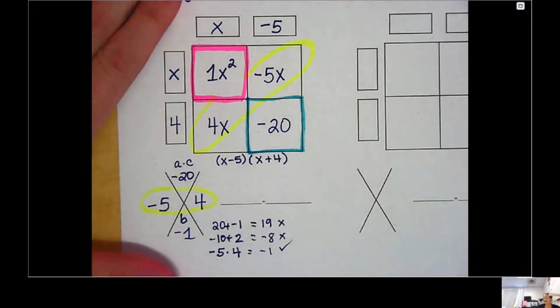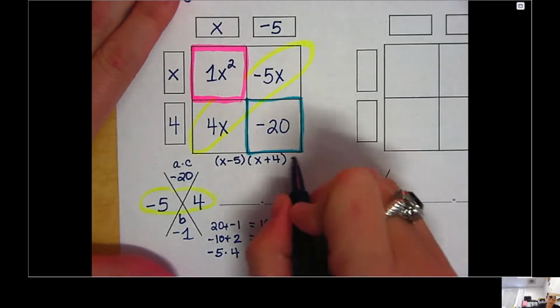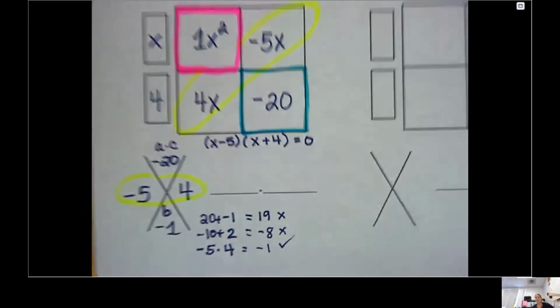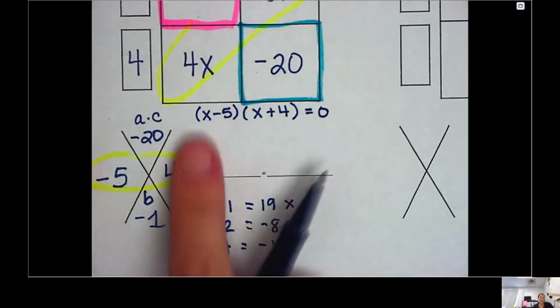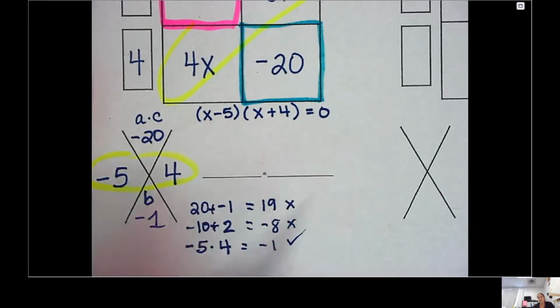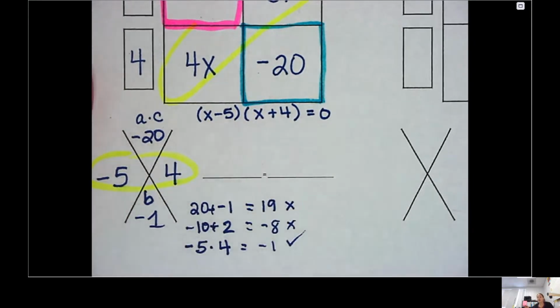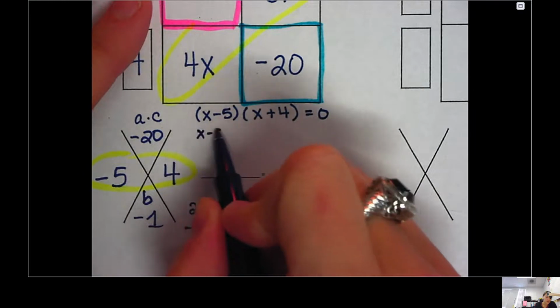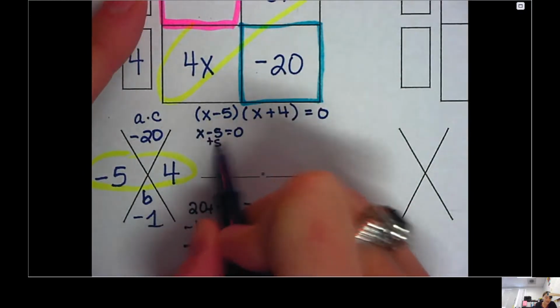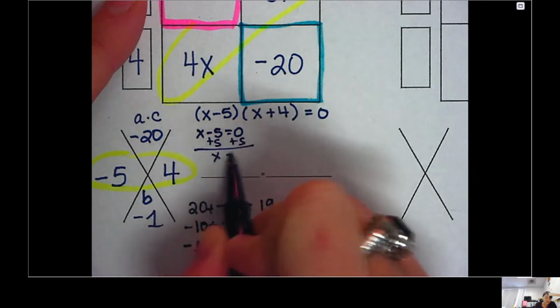Now, you would set each one of them equal to 0. They're both a one-step equation. They're really easy. If you set x minus 5 equal to 0, what do you have to do to get x by itself? Add the 5 over. So what are you going to get? Yeah, so it's just the opposite of whatever's there. If you add 5, you get x equals 5.